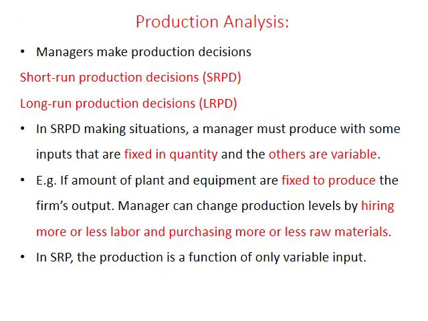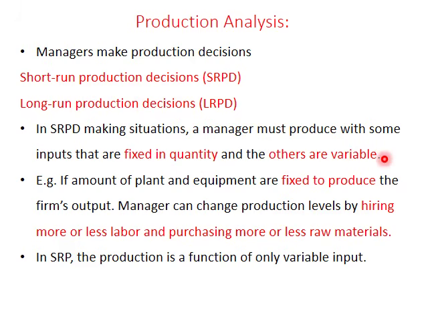In general, managers make product decisions in two aspects, that is short-term production decision and long-run production decision. By the way, this short-run production and long-run production does not have any relation with the time frame. Rather, in a short-run production decision-making situation, a manager must produce with at least one fixed input and other variable inputs.